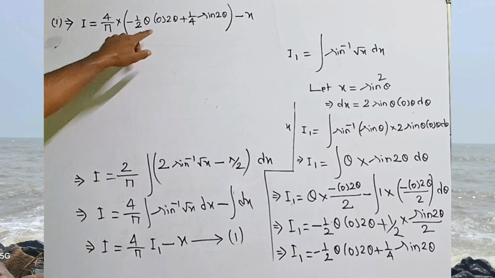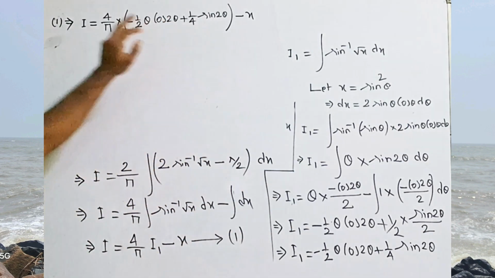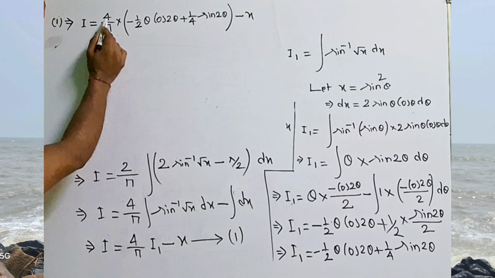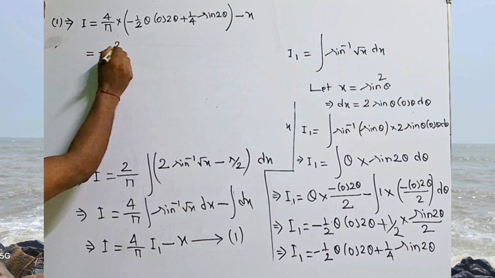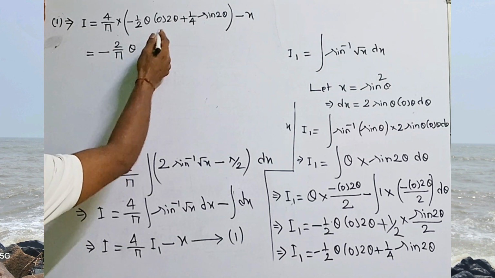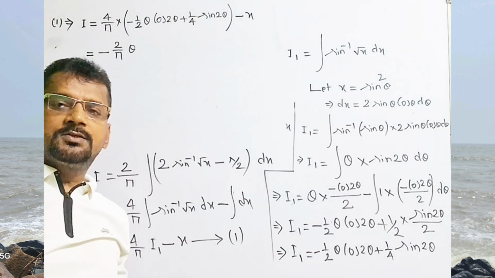Ultimately we have to transform theta in terms of x also. Now that part is left. Now you see 4 by pi into minus 1 by 2, that will be minus 2 by pi theta cos of twice theta, we can write what? 1 minus 2 sine square theta.